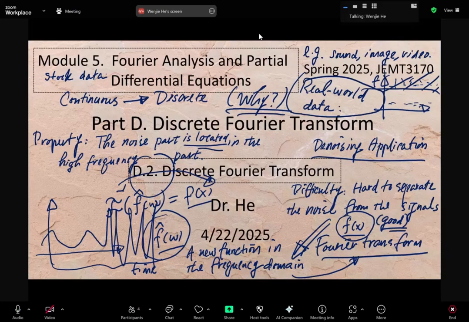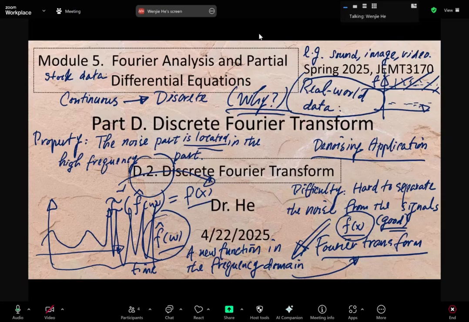You can see the most, here we cannot say 100%. Most of the data we collect is real digital data, right? Data in numbers.